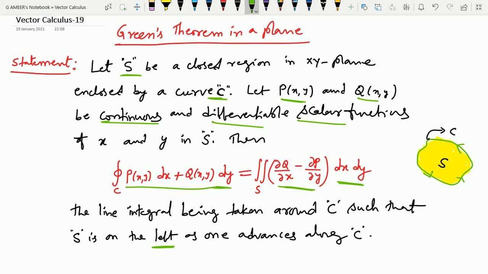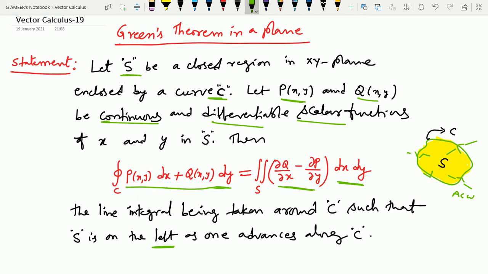If I go in the anti-clockwise direction, at all times the surface will be on the left side for me. When I am here, this is the left and this is the right. It is always the left hand side. That means we need to go in the anti-clockwise direction. So this will be the statement.